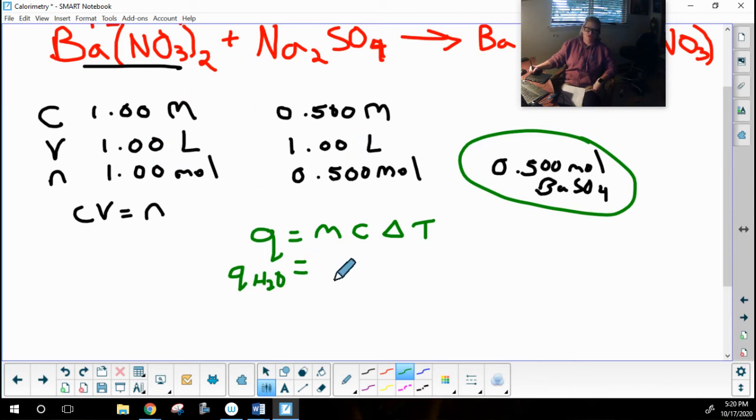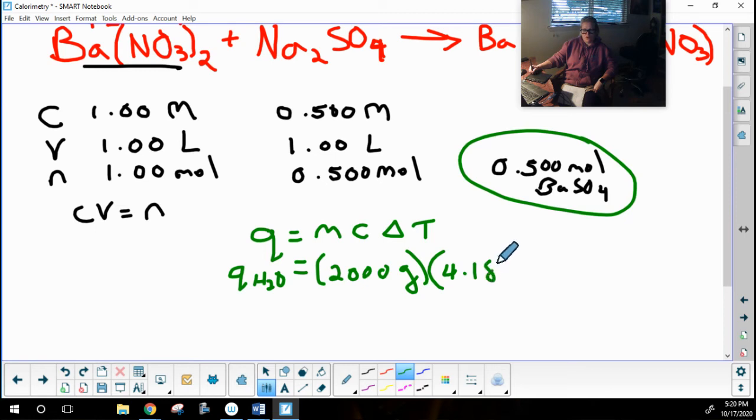Therefore, I've got 2,000 grams of solution. And once again, that's because this is 1,000 milliliters of barium nitrate and this is 1,000 milliliters of sodium sulfate. So 1,000 milliliters plus 1,000 milliliters is 2,000 milliliters, which is the same as 2,000 grams.